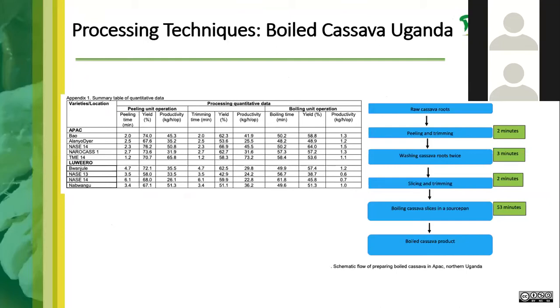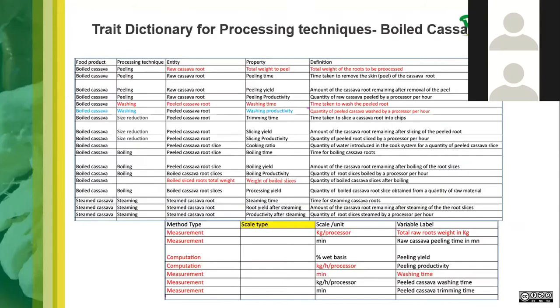This is for boiled cassava, obtained from a park here in Uganda, and it shows you the parameters that were measured, for example, the peeling time, yield, productivity, and the steps the product goes through. All these were captured and put into the trait dictionary, which appears like this.